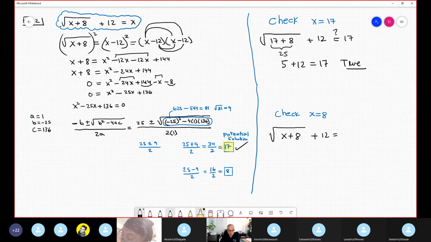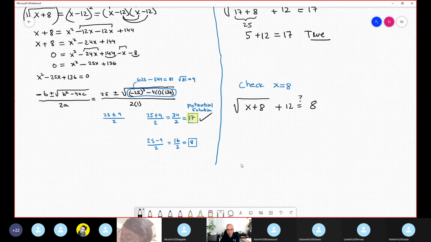And the second? I have no idea. Should be 8, right? Okay, I replace x with 8. I do exactly the same thing. So x is 8. 8 plus 8 is 16. The square root of 16 is 4. And 4 plus 12 should be 8.